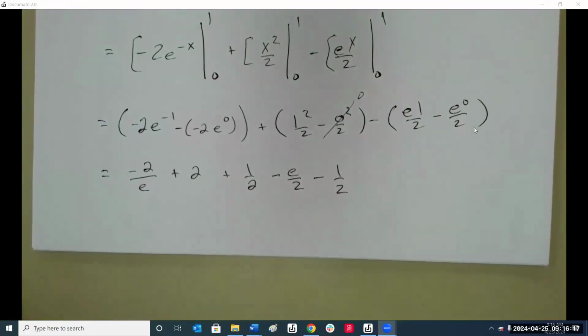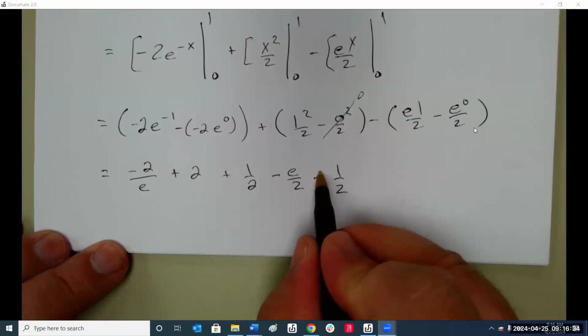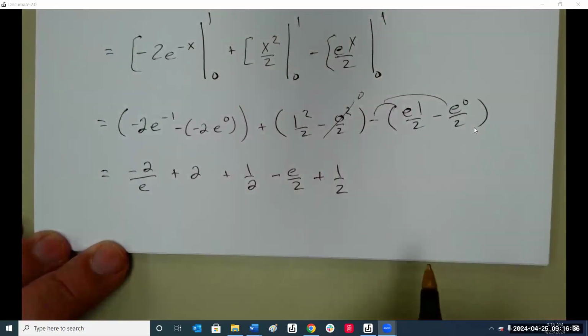Just do the algebra part. It's going to be a plus because of that negative sign.